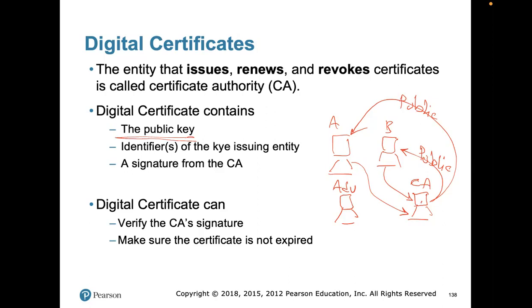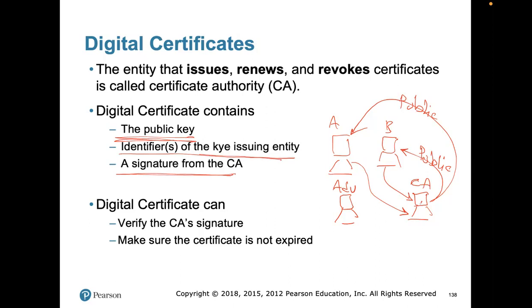First, Alice's key. This is the public key that Alice wanted to share with Bob. That's a part of the package that the CA sends to Bob. But other than that, there are also some identifiers from Alice that will later be used by Bob to make sure that this is Alice. And also a digital signature from the CA itself.